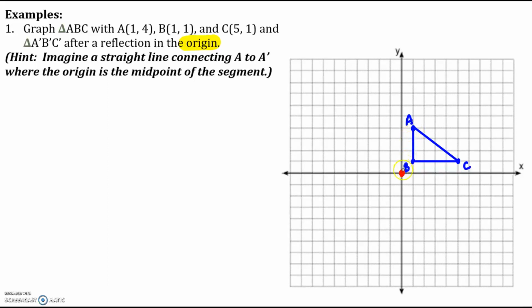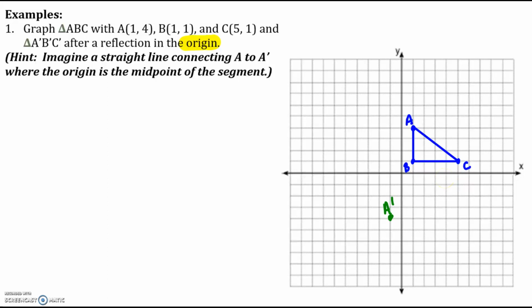From A to the origin, it's down 4 and left 1. If we do that again, down 4 and left 1, this point here is A prime. If you imagine connecting A to A prime, the origin would be the center of that line segment, the midpoint.